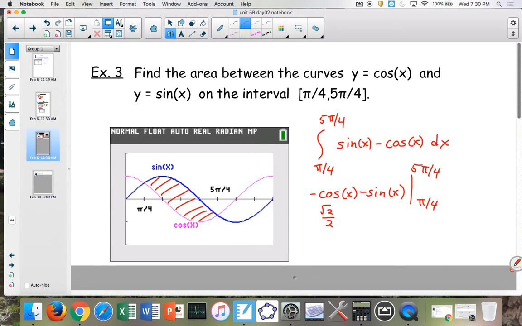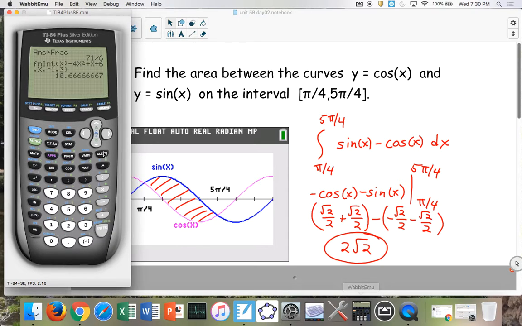Same thing for sine. When I plug in pi over 4, I wind up getting square root of 2 plus square root of 2, which would give me 2 root 2 for an exact answer.